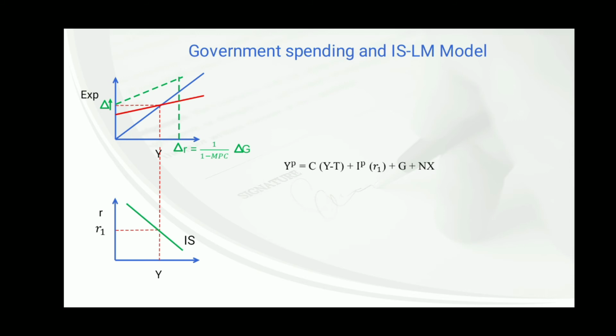This is all a review of the Keynesian cross videos. It might look something like this, and we get our equilibrium level of GDP. We can also use this information to plot one point on our IS curve.